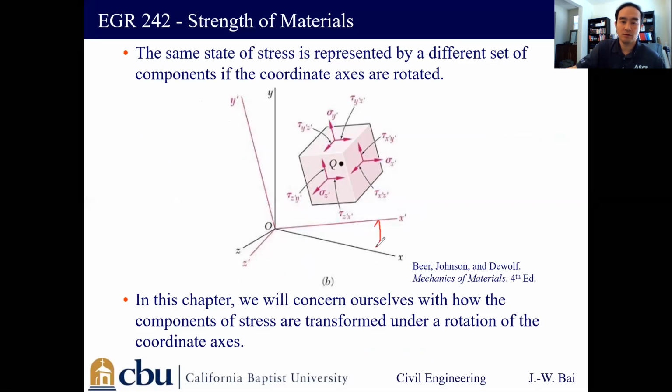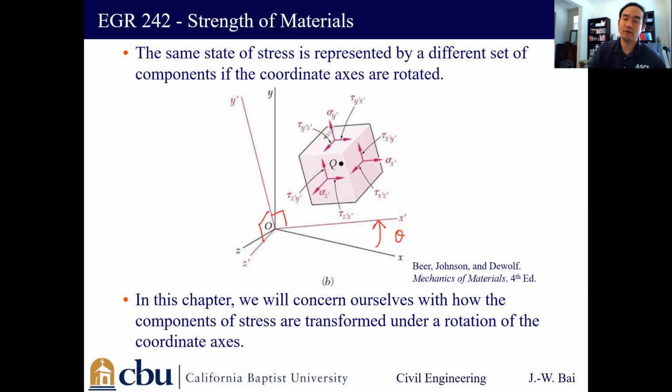Now, for some reason we changed the angle from the x-axis to the x prime axis, and then automatically y prime and z prime will be angled as well, because we always maintain the 90-degree angle between x prime and y prime, and y prime and z prime, right? Like we did for x, y, and y, z.